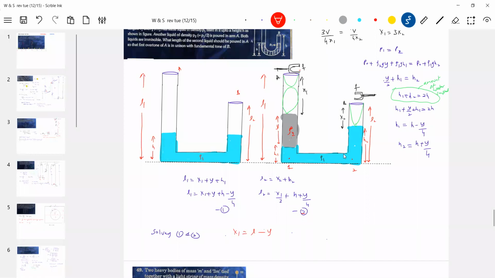X1 equal to L minus, this is 3y by 4. Maybe we have to check our calculations only. X1 is equal to minus h. Okay, this value I'll substitute here. I'll try once and see what we get. This is L1, 3y by 4.